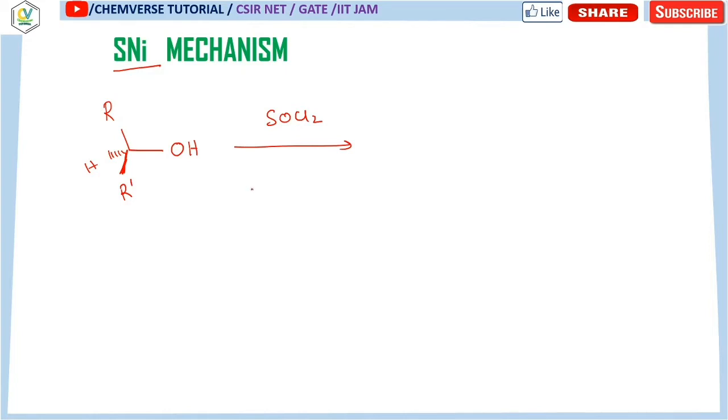Now, if I draw the structure of SOCl2, this will be the structure of SOCl2. Clear? Now, what is the special feature of this reaction? In this reaction, I am getting the substituted product, which is showing 100% retention.